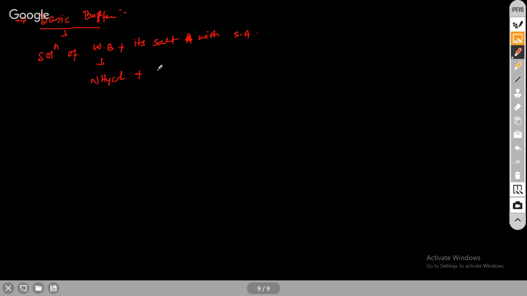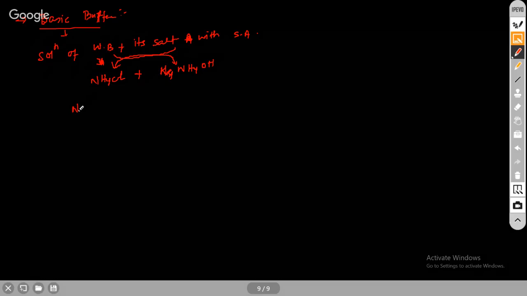Suppose I am taking NH4OH. Sorry, I have written it reverse. This is a weak base and salt with a strong acid.